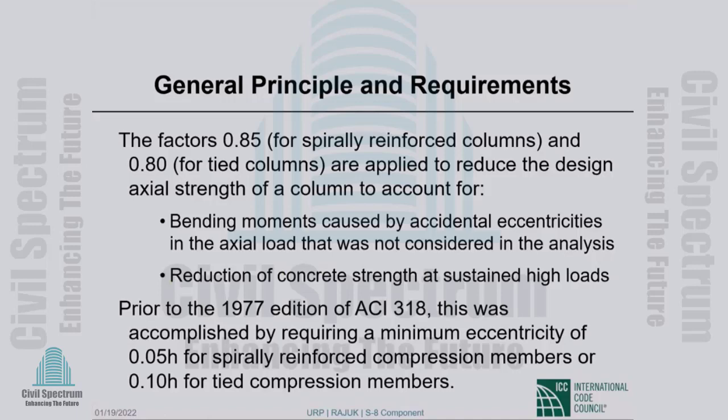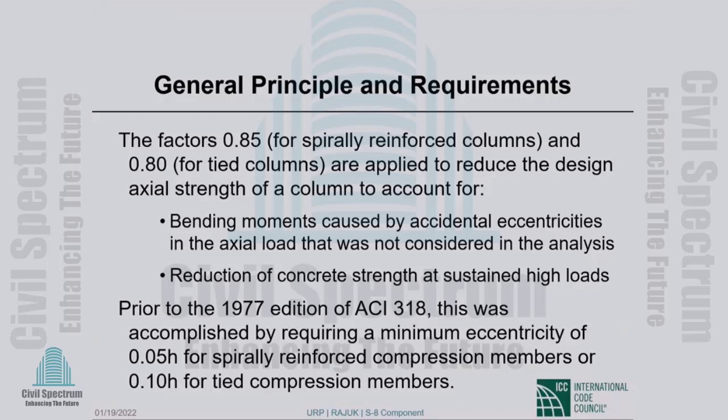We may think our axial load is concentrically applied, but in reality, there may be a small eccentricity, and we do consider an eccentricity all the time, because not to do so would be unconservative. Prior to 1977 edition of 318, this was accomplished by requiring a minimum eccentricity of 5% of the column cross-section for spirally reinforced compression members, or 10% of the column dimension in the direction of analysis for tight compression members.